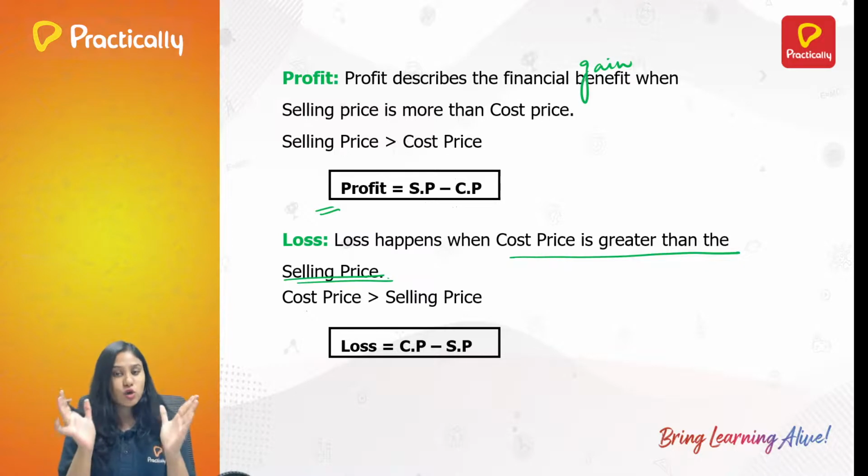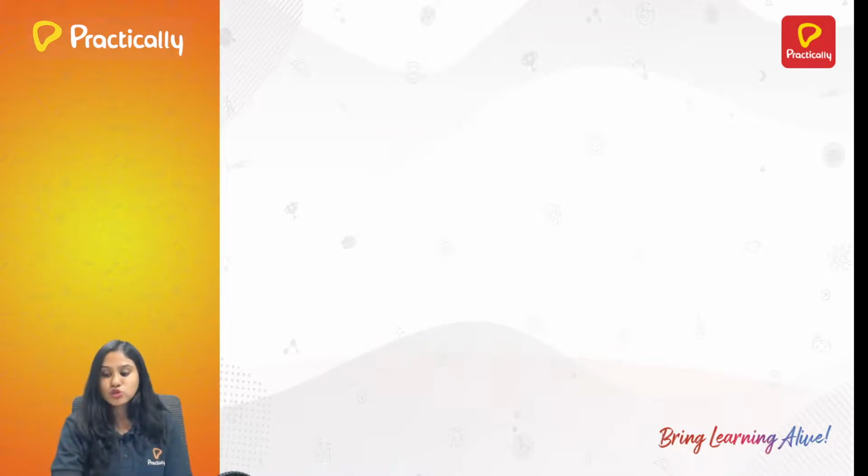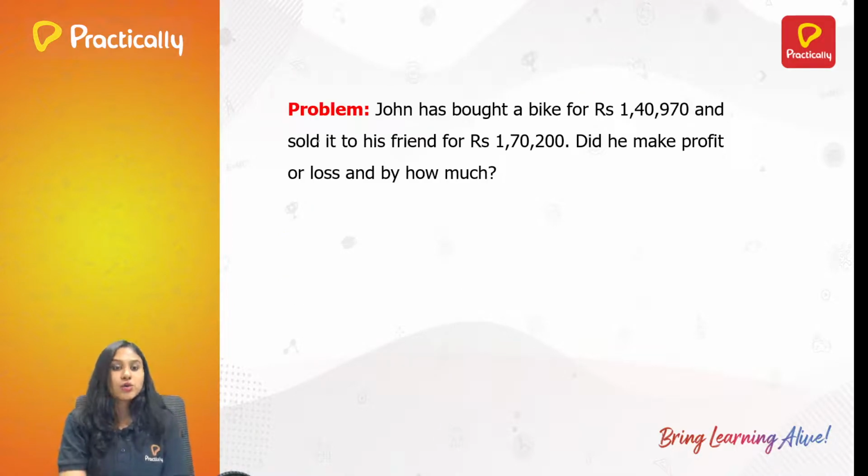Now, we have finished the concept. It is time to apply the concept. So here is the problem. John has bought a bike for rupees 1,40,970 and sold it to his friend for 1,70,200. Did he make a profit or loss, and by how much? I want you all to tell first whether he has made a profit or loss. Read the question, understand it, and tell me.